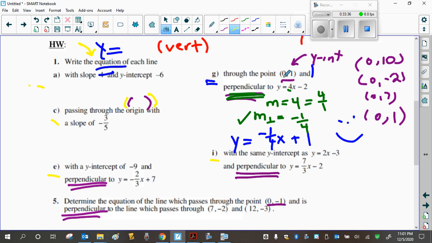But this guy, I want to again star. When I tell you it passes through the point (0, 1), that is the y-intercept. It's just like telling you this, except for not. Okay, (0, 1), these are all y-intercepts that you have to know, just put them at the end of the slope-intercept formula, y equals mx+b.